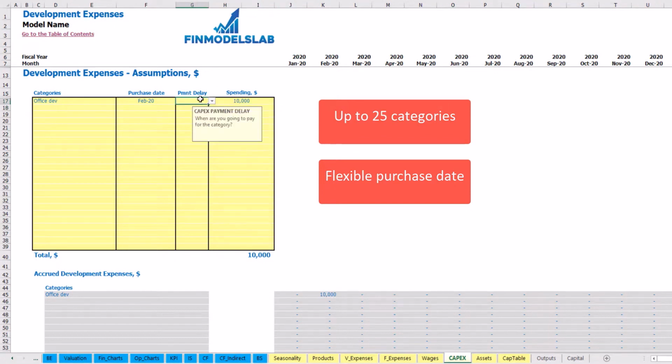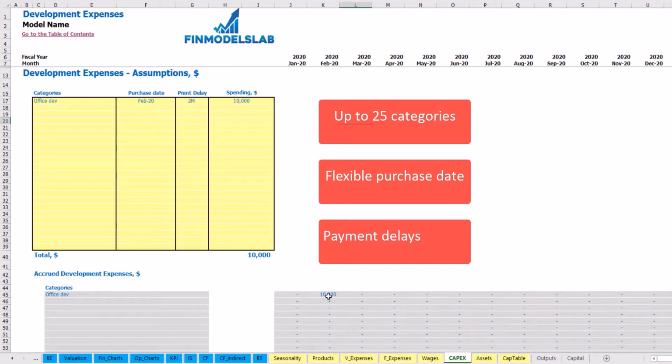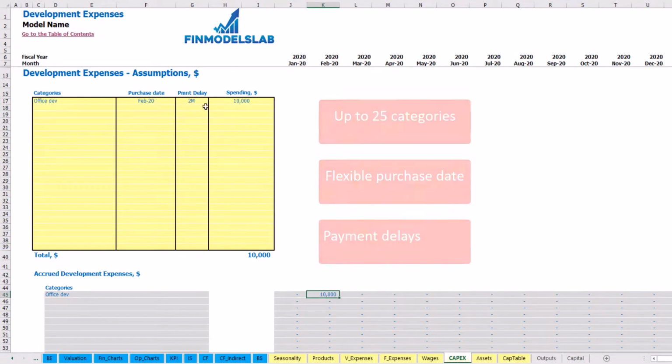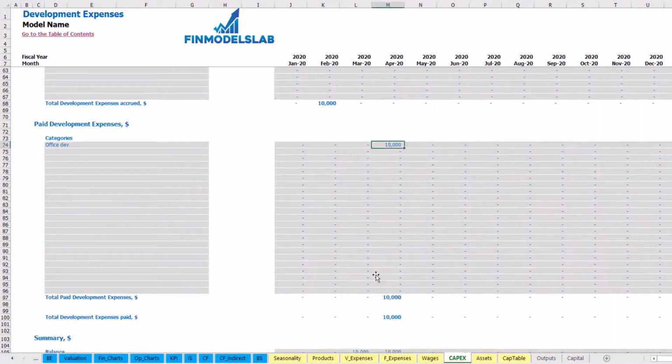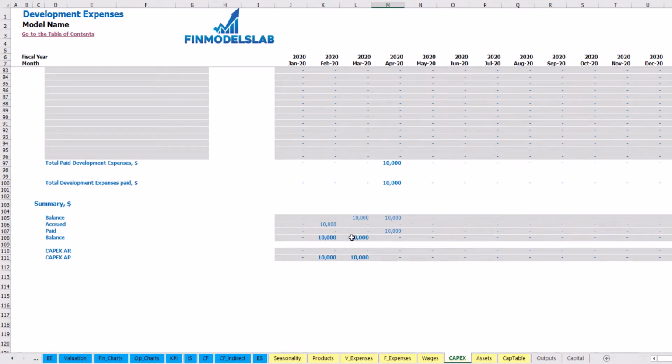And you also can input payment delay. What does it mean? Let me set up 2 months, for example. It means that this amount will be accrued in February because the purchase date is February, but paid development expenses will be in April 20 for this office development. And you will have some balance of CapEx accounts payable for 2 months.